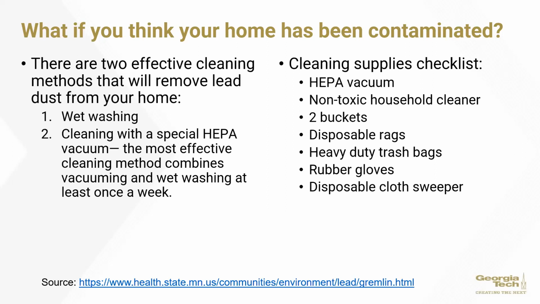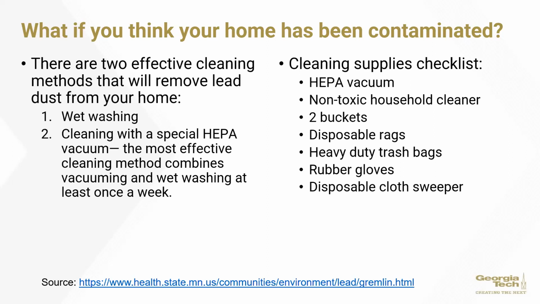So a basic supply list of things you could have, and this is all from the State Health Department in Minnesota, is you should have a HEPA vacuum, meaning it is a vacuum cleaner with a filtration system so that it can properly and effectively remove lead dust based on its size.